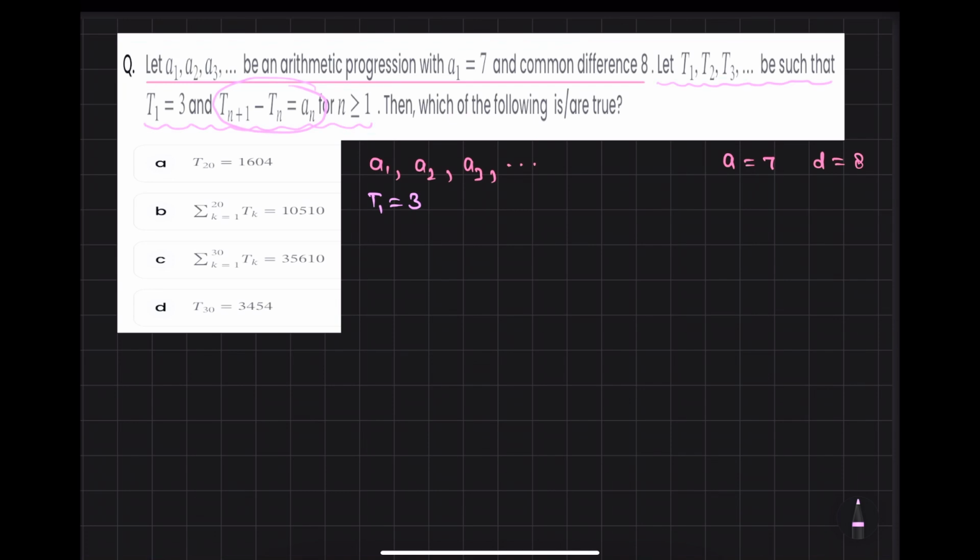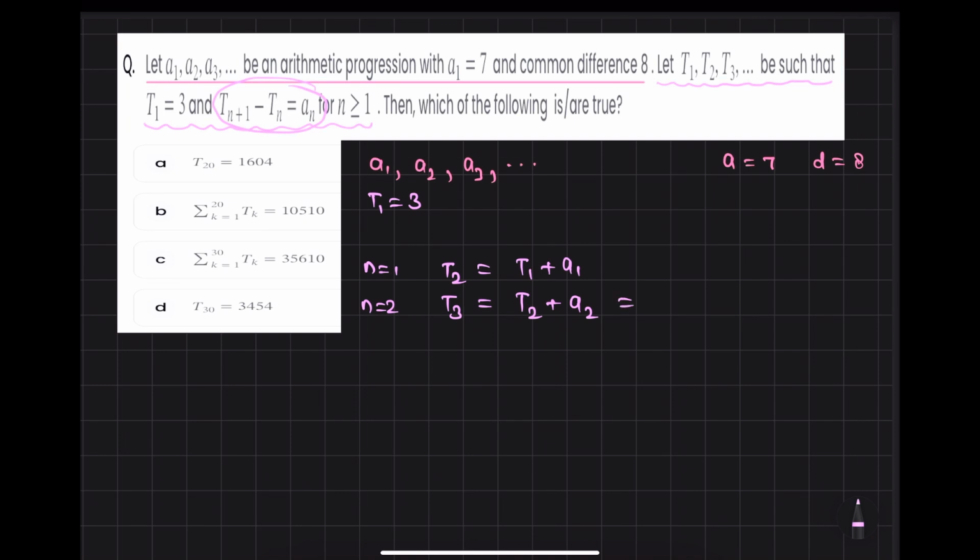So first we'll focus on the first element. We will take n as 1. So suppose n is 1, can I write T2 equals T1 plus A1? Suppose n is 2, so can I write T3 equals T2 plus A2, and who is T2?